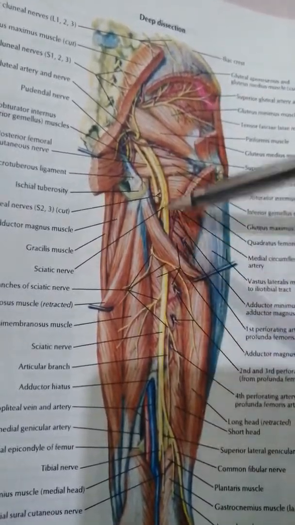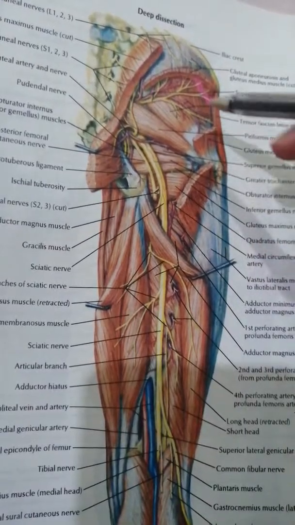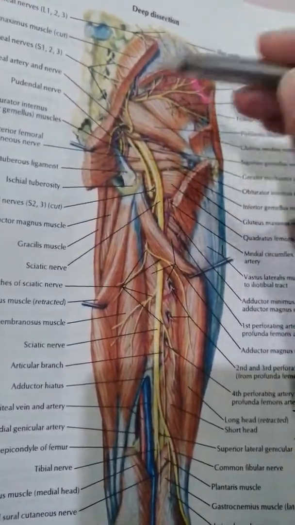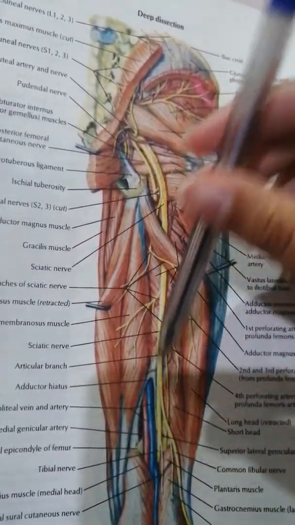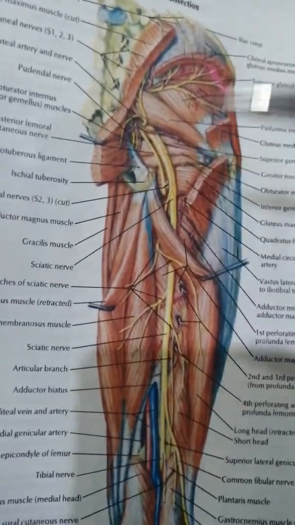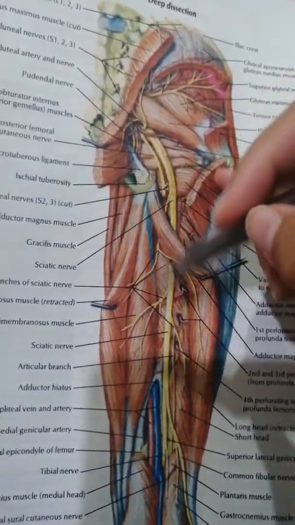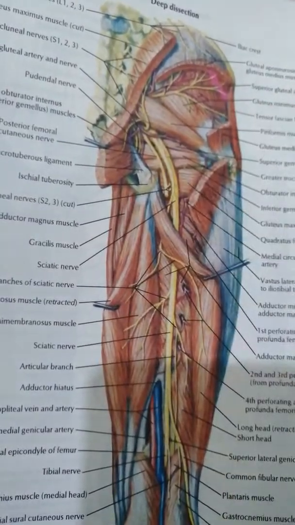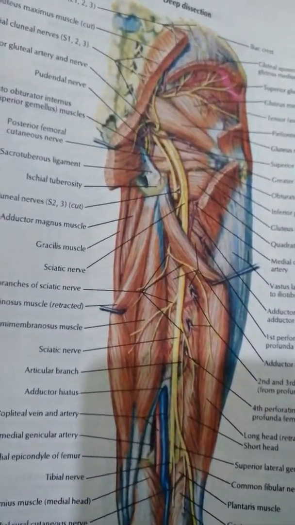So this sciatic nerve does not give any branch in the gluteal region, right? That is an important point to remember. So it does give an articular branch to the hip bone. There are plenty of muscular branches, for example to the semimembranosus, the semitendinosus, the long head of the biceps femoris, among other muscles in the region.